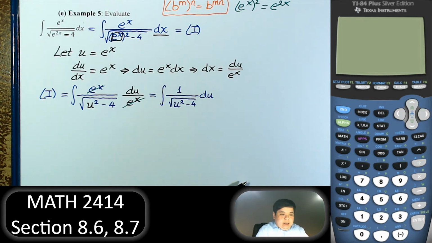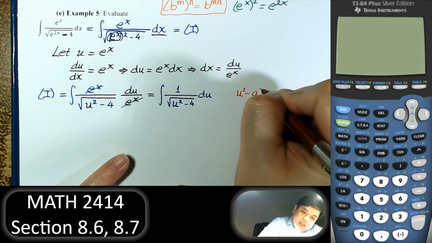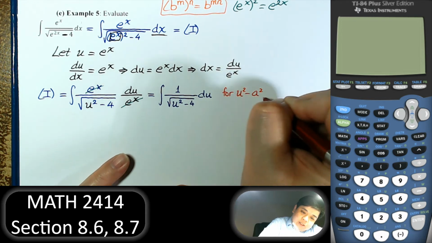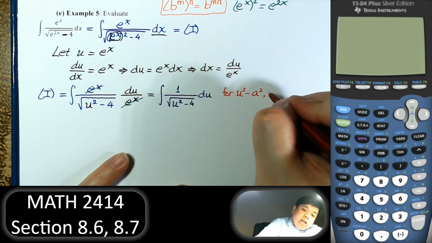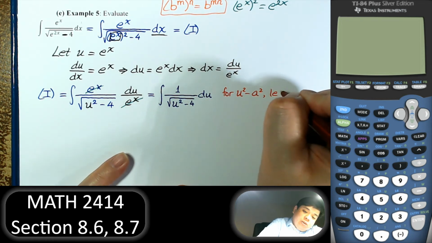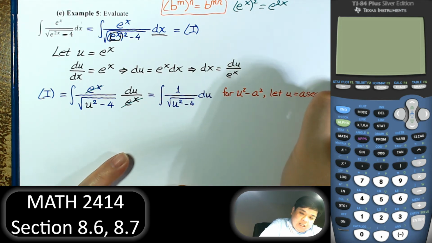Now, for this one, of course, that is a trig substitution. So here we have u squared minus a squared. Variable squared minus constant squared. So in that case, we let u equal a secant theta.